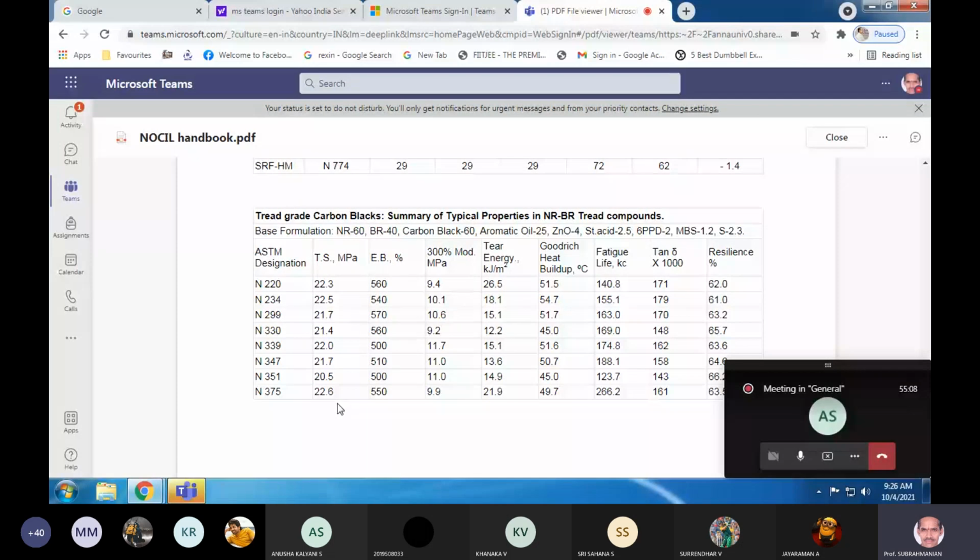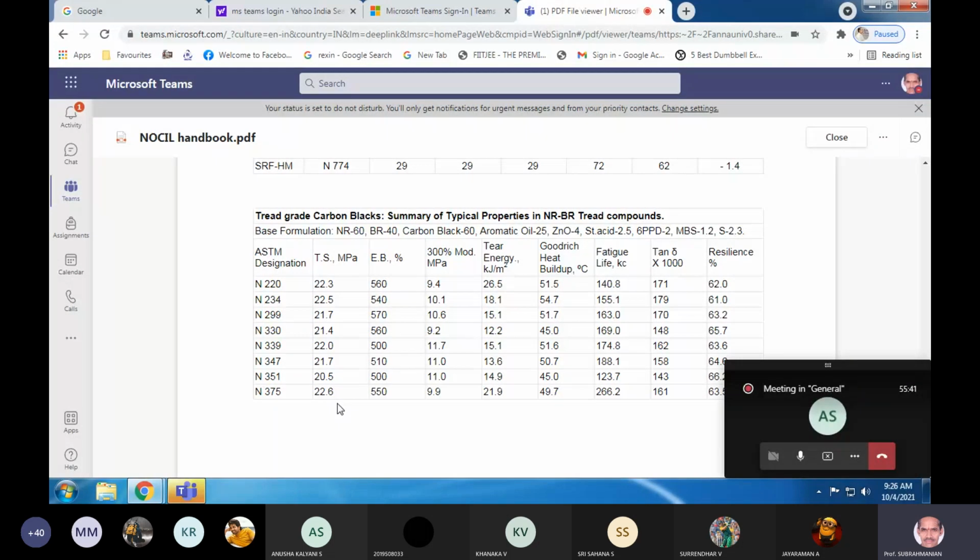High resilience combines with low tangent delta. Low tangent delta means, listen very carefully, heat buildup is less, meaning a low rolling resistance. The tire companies these days are very particular about low rolling resistance. Low rolling resistance means fuel efficiency.